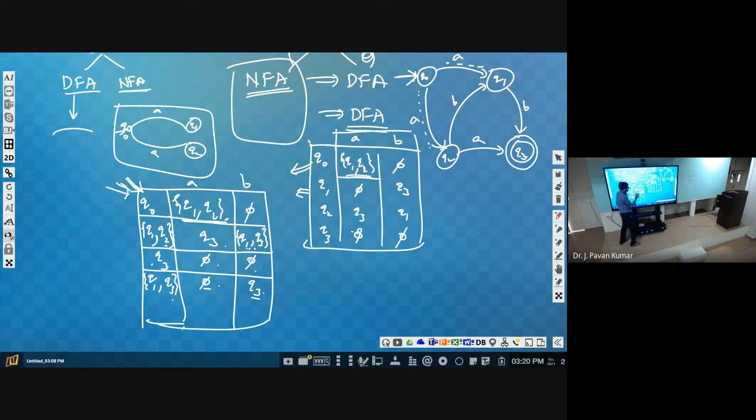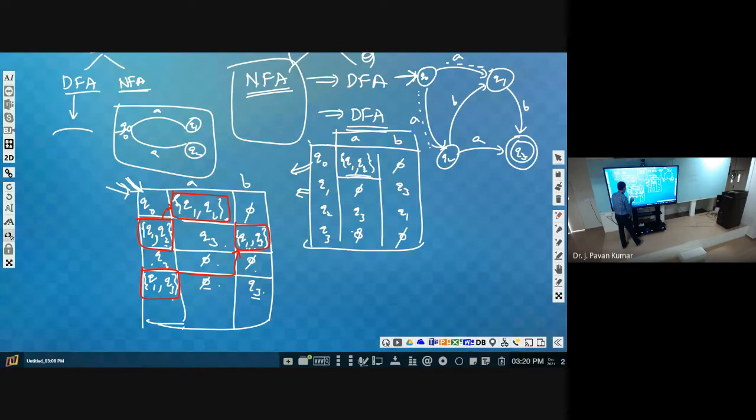Try to understand, q1 q2 we have got, but q1 q2 is one state here. These are not two states. So this is one state only. Next, q1 q2 on B is q1 q3, and this q1 q3 also we are considering as one state only.